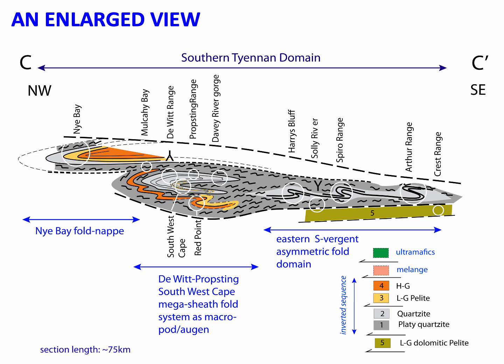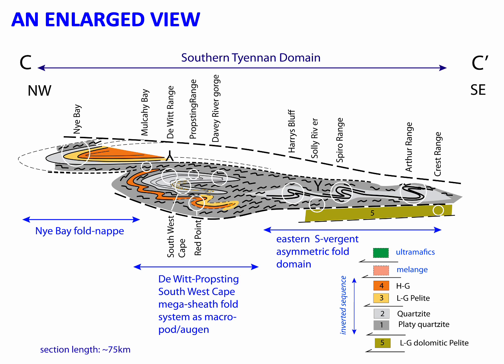This is an enlarged view of the southern profile CC'. The major elements are assembled based on the associated map pattern. These are the Nye fold map, the mega sheath fold system, and the South Virgin asymmetric fold train. Geographic points are highlighted by the white circles.